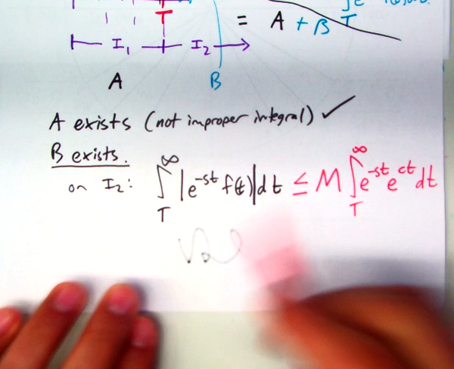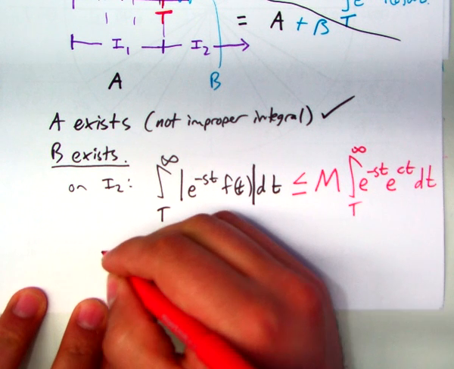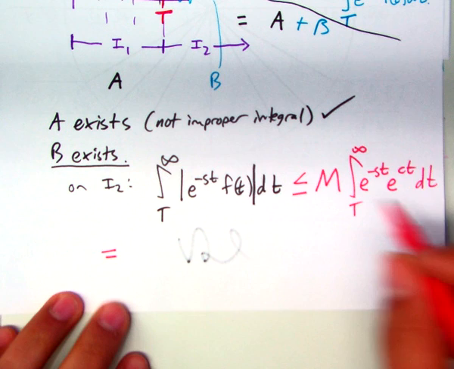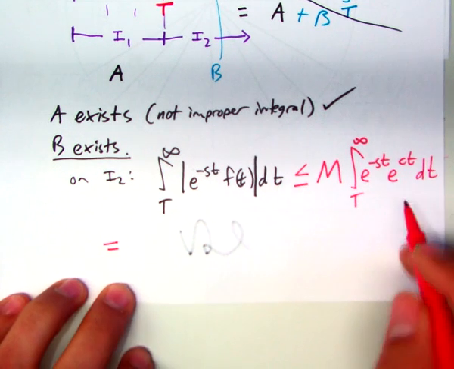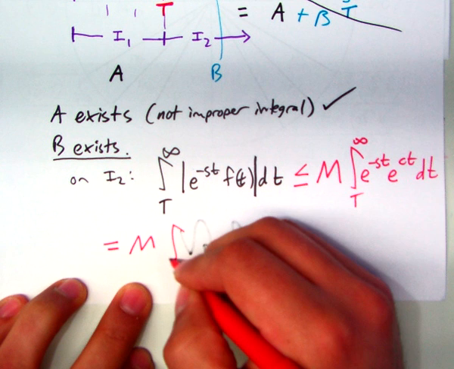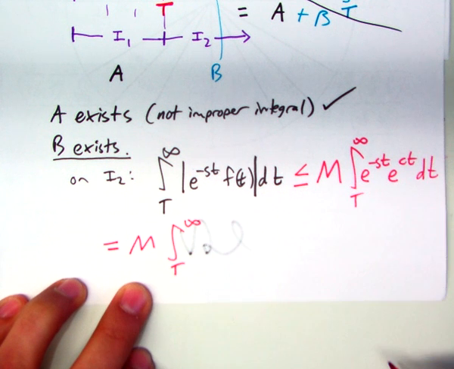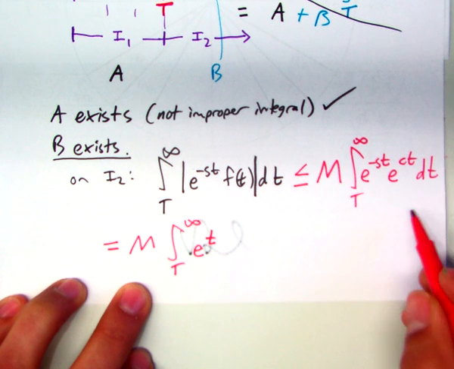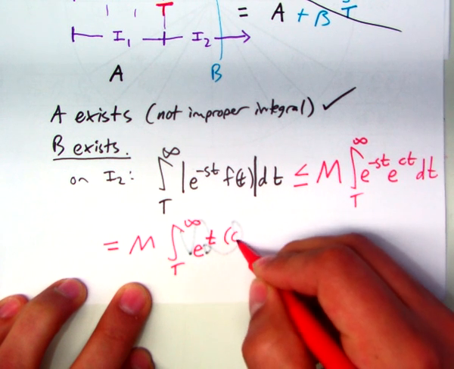So now if we go ahead and compute, working with the red part here, I'm going to factor out a t from the exponents, so then I get c minus s.